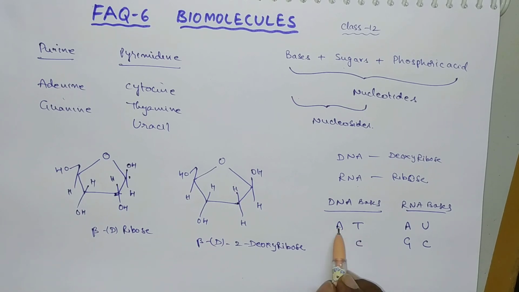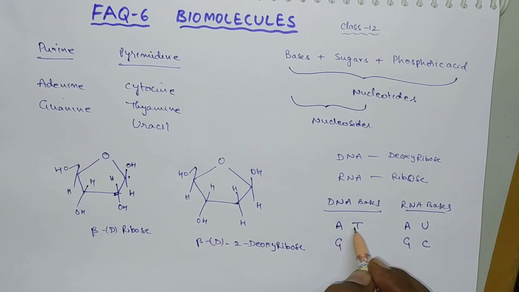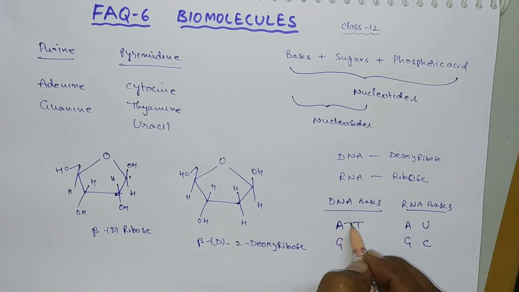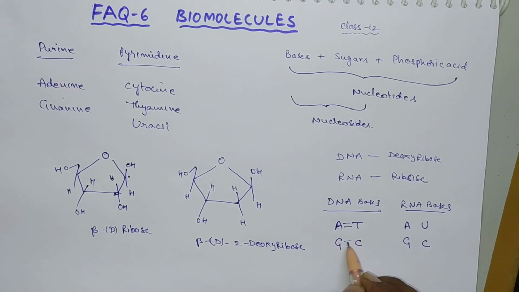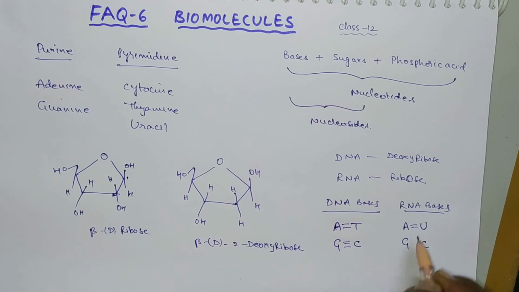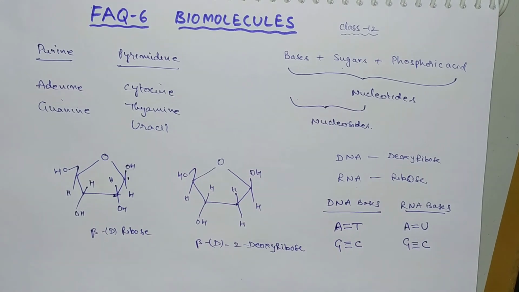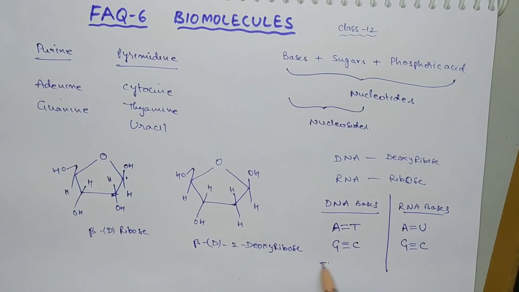Adenine is the complementary base to thymine, and thymine is the complementary base to adenine. These two are bound with a double bond, whereas between guanine and cytosine there exists a triple bond. You have to remember these points.